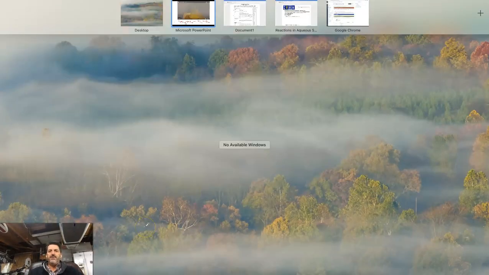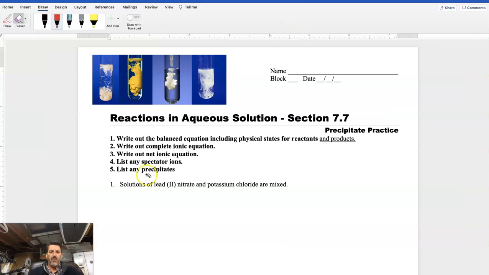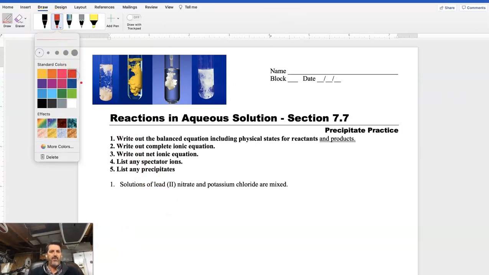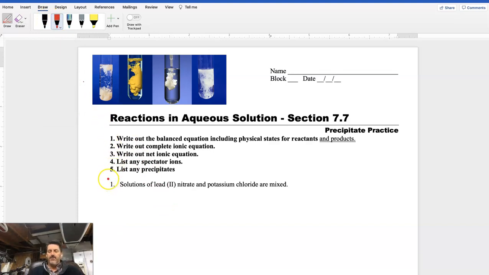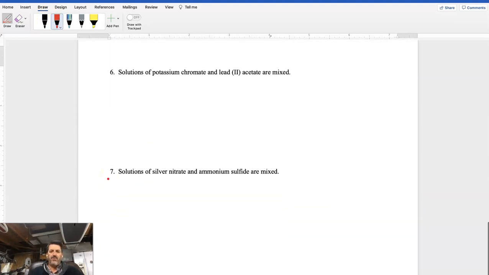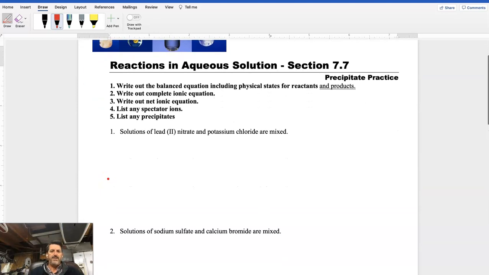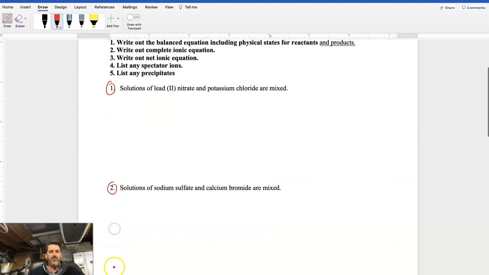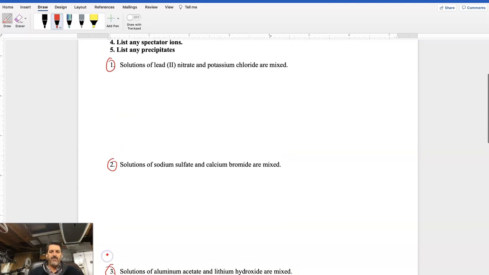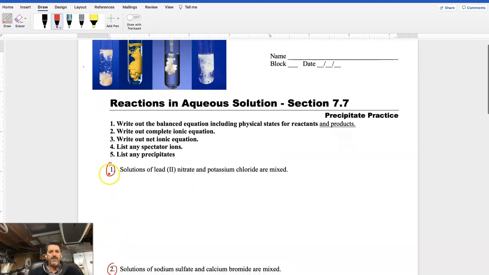Okay. So that's basically what we're going to be doing on your homework. I just want to reiterate what we're doing for homework. There's a front and a back side to this. I only want you to do the front side for Wednesday. So all you're going to do is 1, 2, and 3. That's it for Wednesday. And it's going to be pretty simple because all you need to do is step 1.